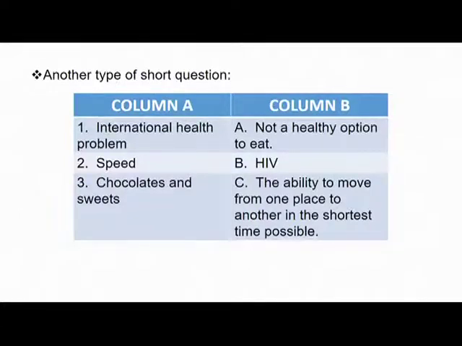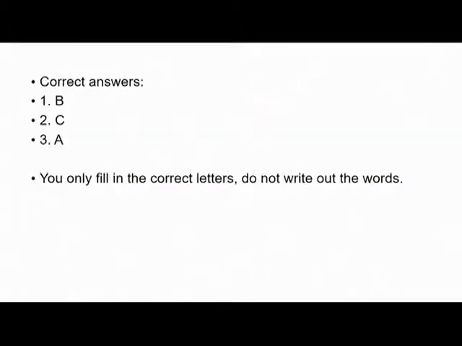And in column B, there are facts like not a healthy option to eat, HIV, the ability to move from one place to another in the shortest time possible. So you need to find the correct combinations. Now in this case, 1B, 2C, and 3A are the correct answers.